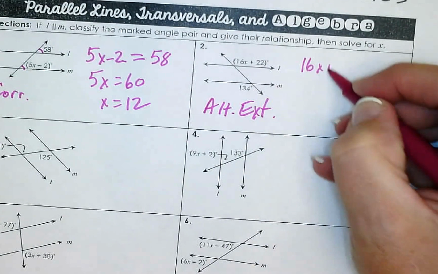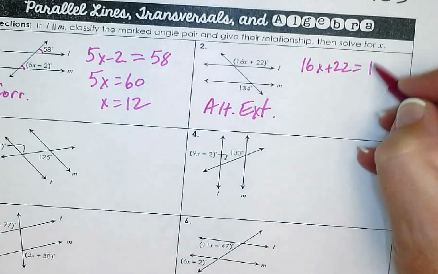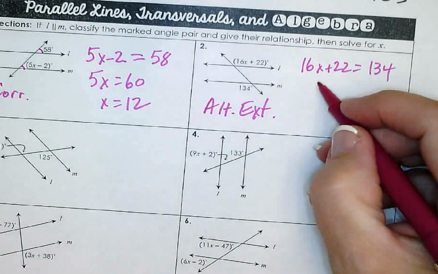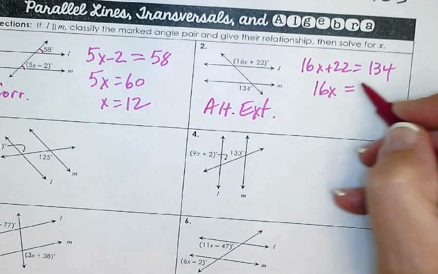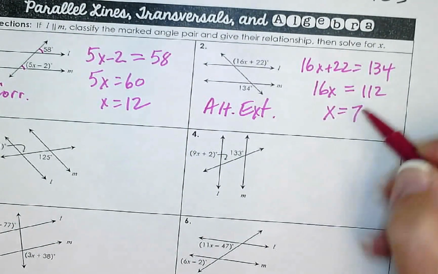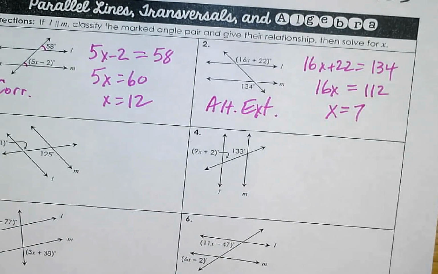So 16x plus 22 is going to equal 134. Subtract 22 and divide, x equals 7. Now sometimes they'll ask you to go back and plug it in, find something other than x, but this page is just solving for x. Okay, let's try another one.